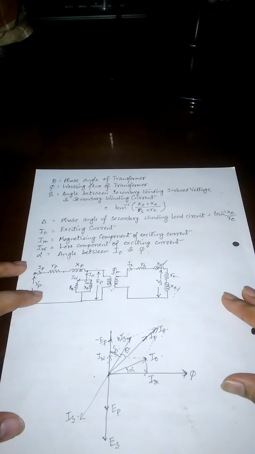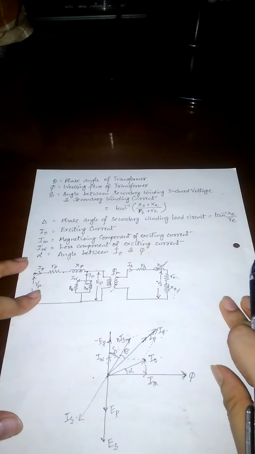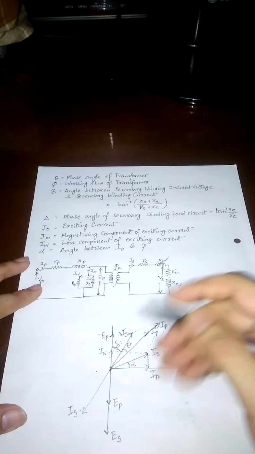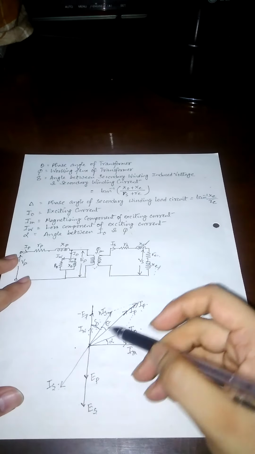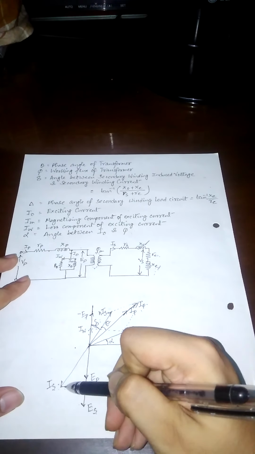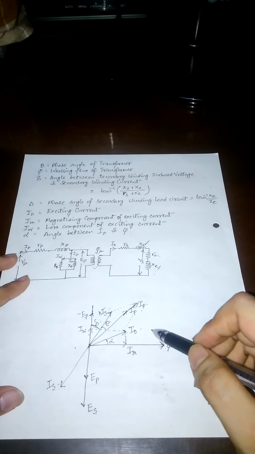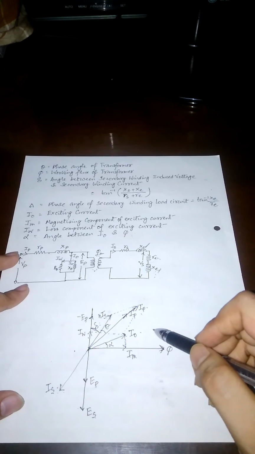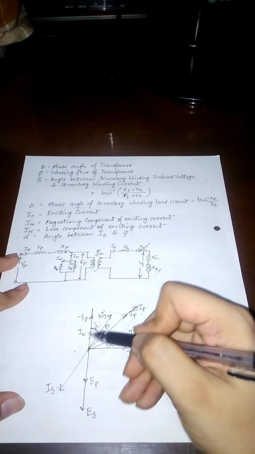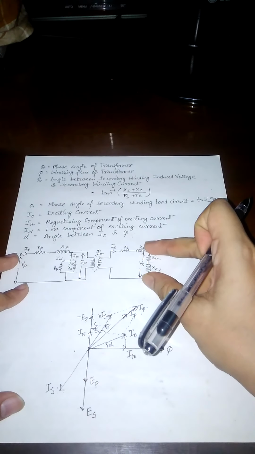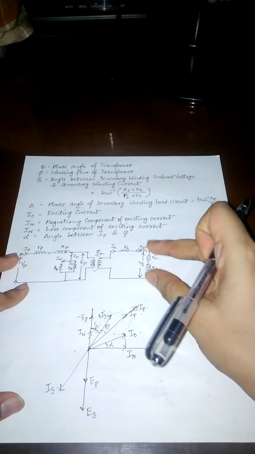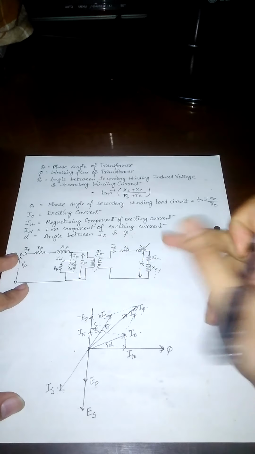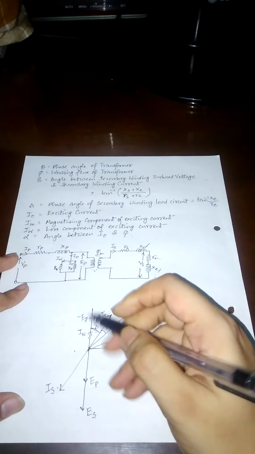Now in this direction, this is IS. If we consider Vs, the terminal voltage of the secondary winding, it will be like that.